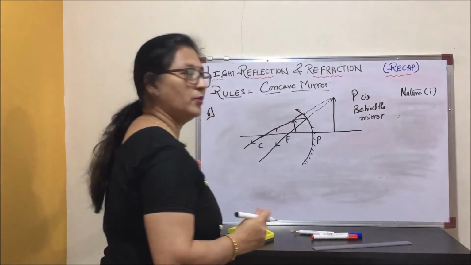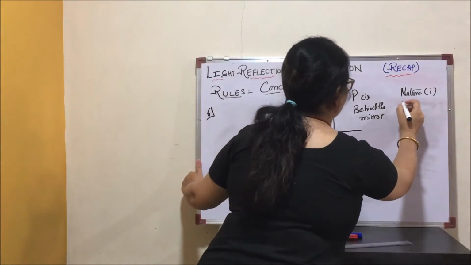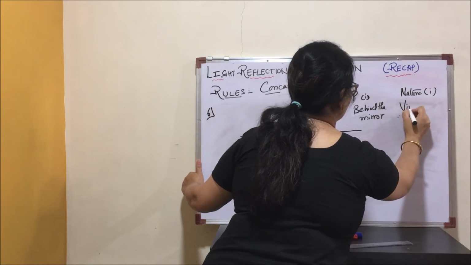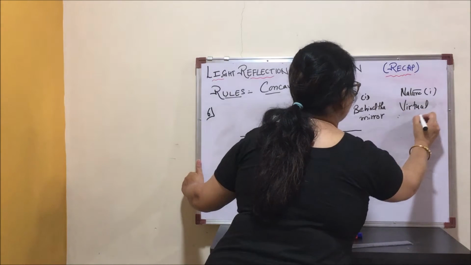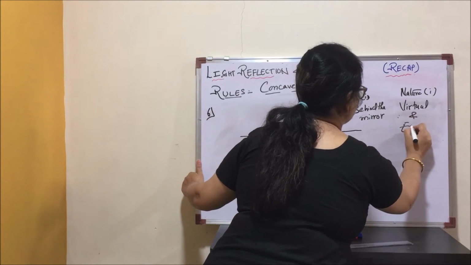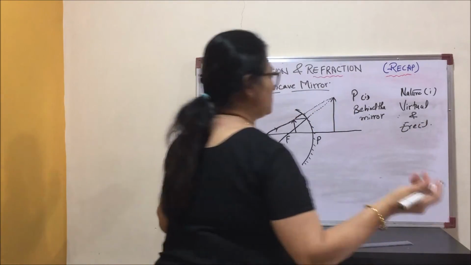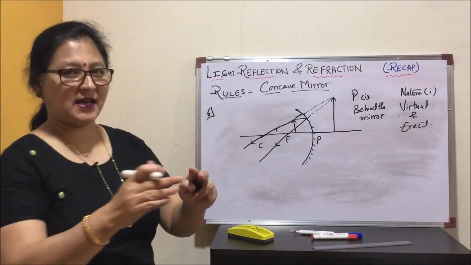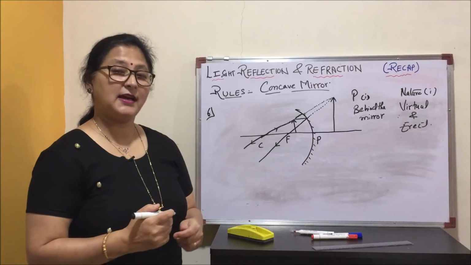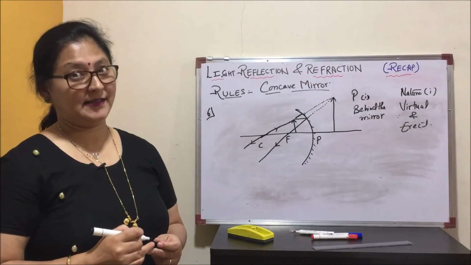Behind the mirror. How is the image? It is virtual and erect. Why virtual? Because it seems that these rays are meeting at the back. They are not meeting exactly in reality, right?